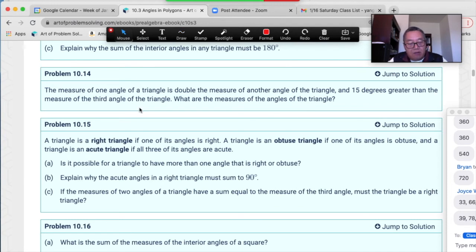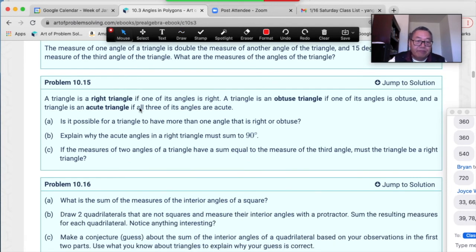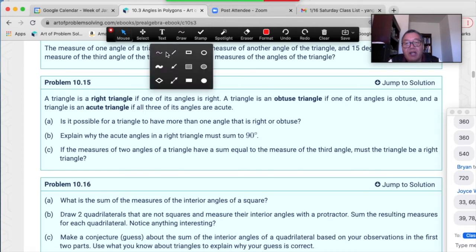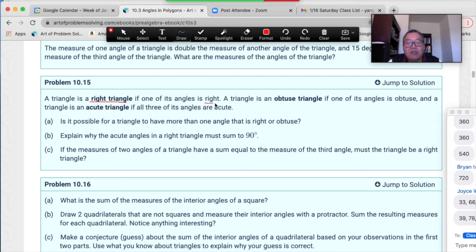So now problem 15 introduces the types of triangles. They said if a triangle has one angle equal to 90 degrees, we call that triangle a right triangle. Okay, the right triangle, that means you have one angle that is right, that means 90 degrees.